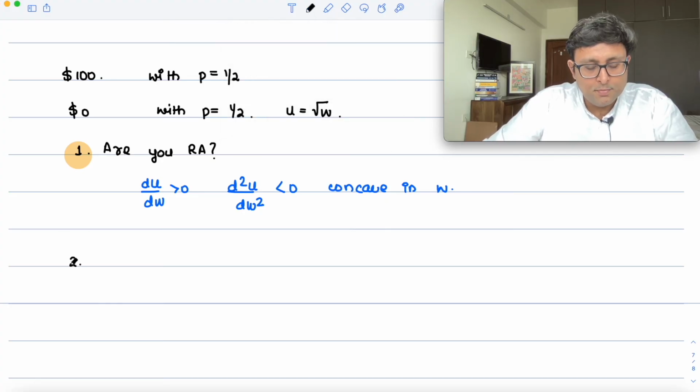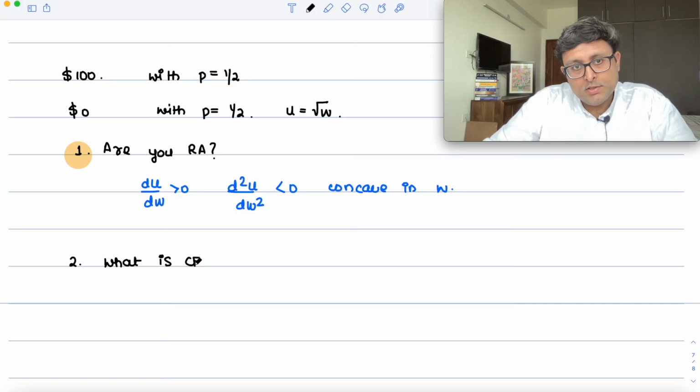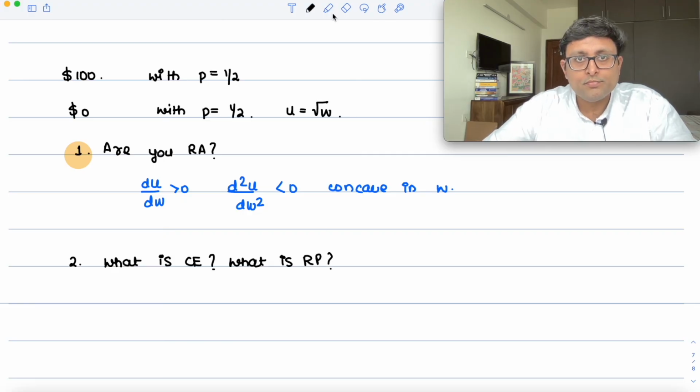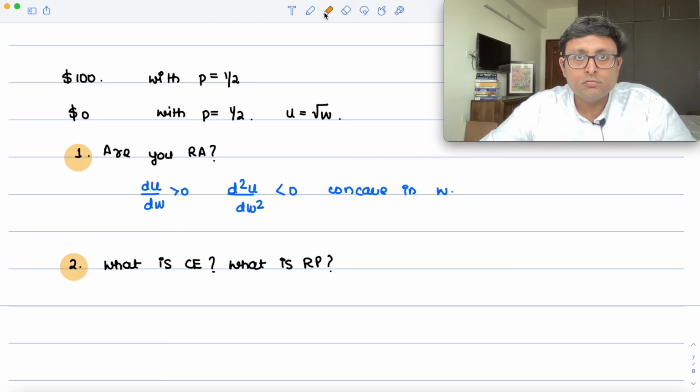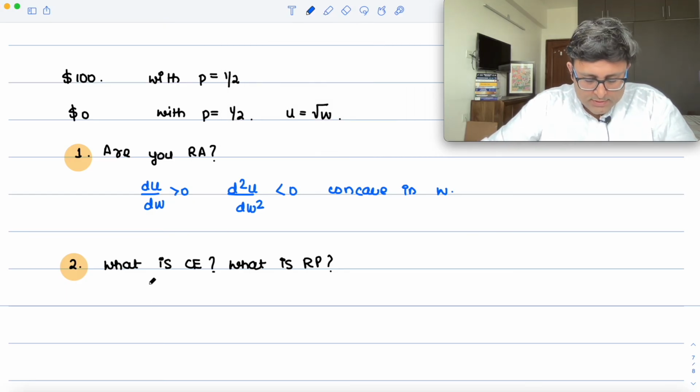Second, what is the certainty equivalence of this gamble? And what is the risk premium of this gamble?